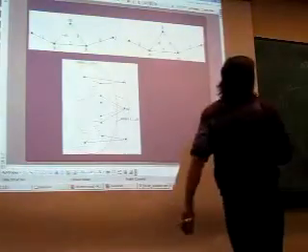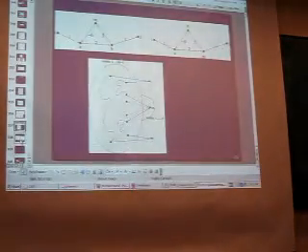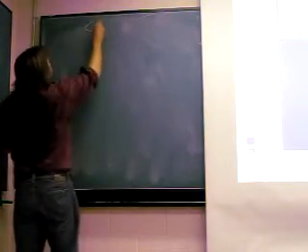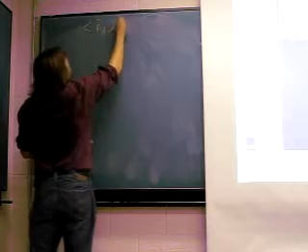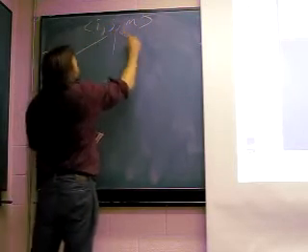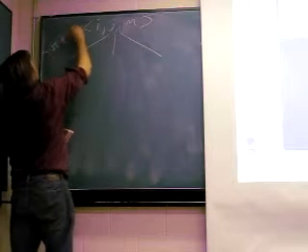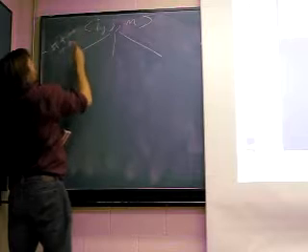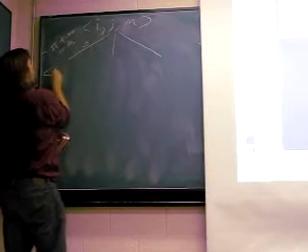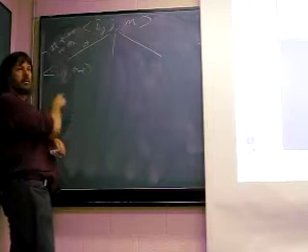So my problem is i, j, n. And I ask how many times do I go to n. And if she says 0, then the answer is i, j, n minus 1.